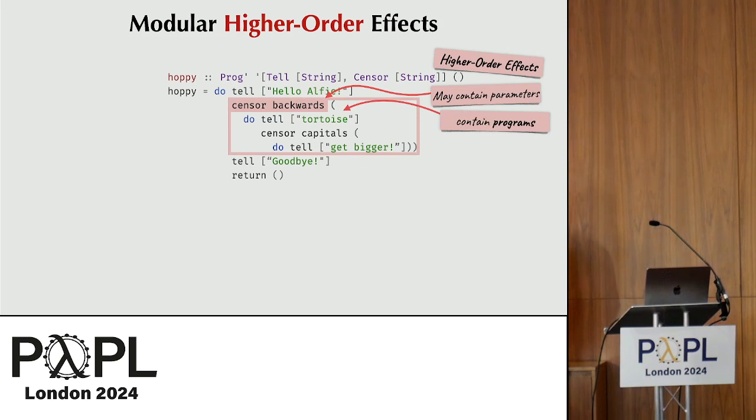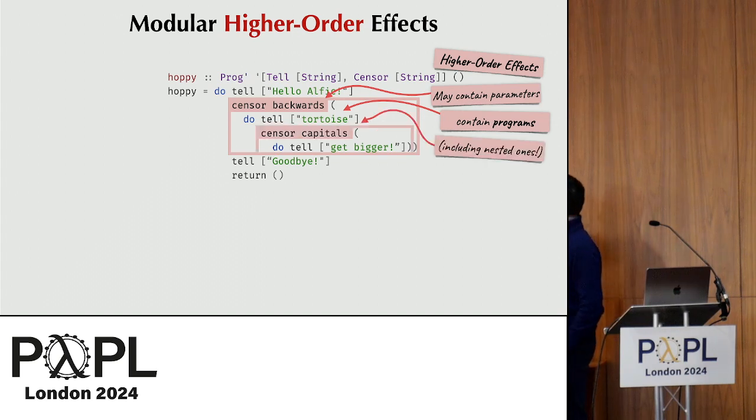And that's the thing that distinguishes them from first order effects. So here we've got the body of this contained within the sensor itself. And of course, we could have some nested programs as well.